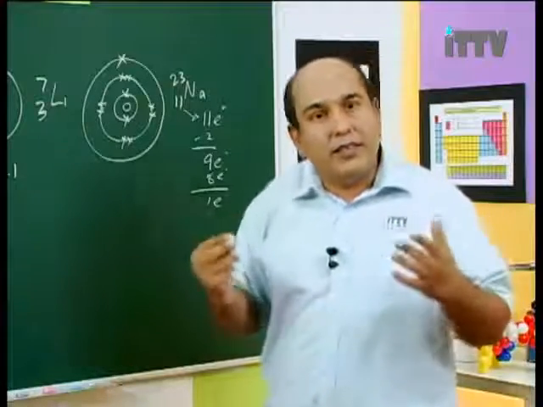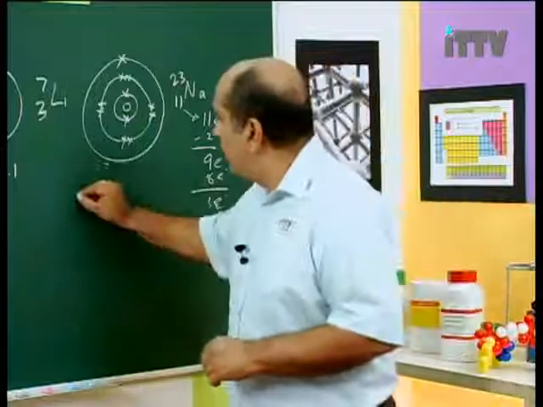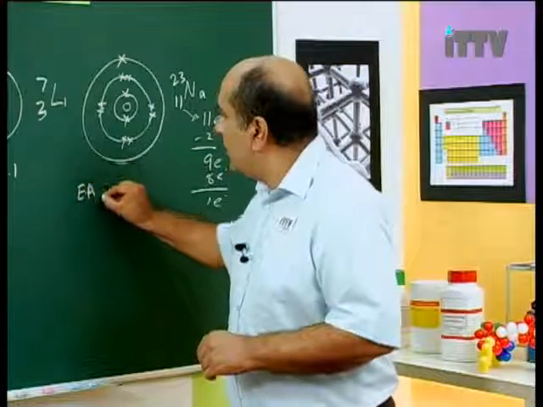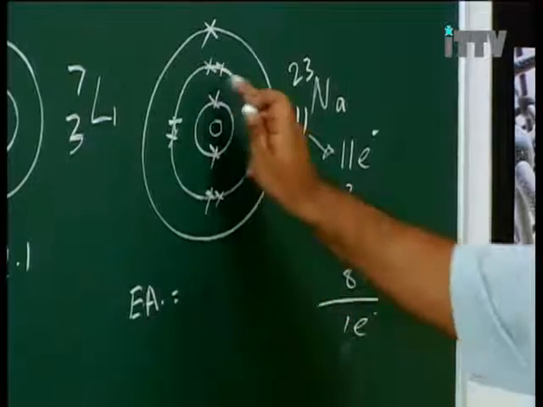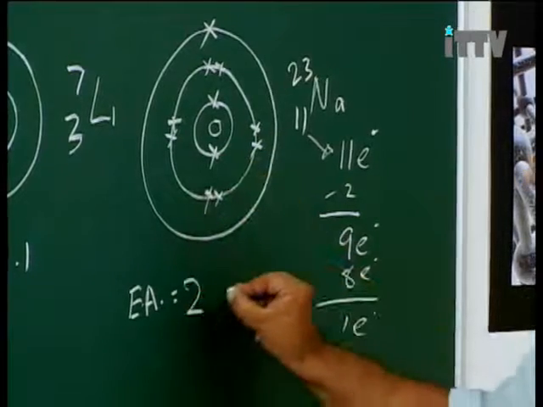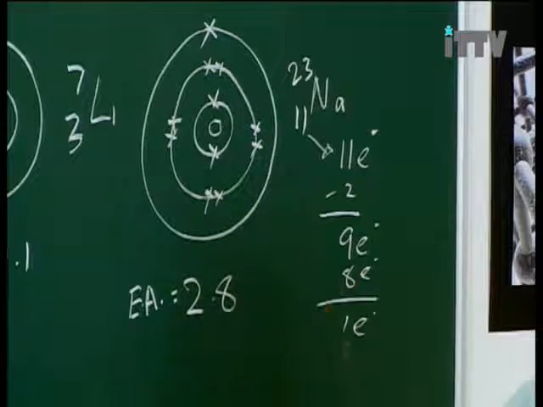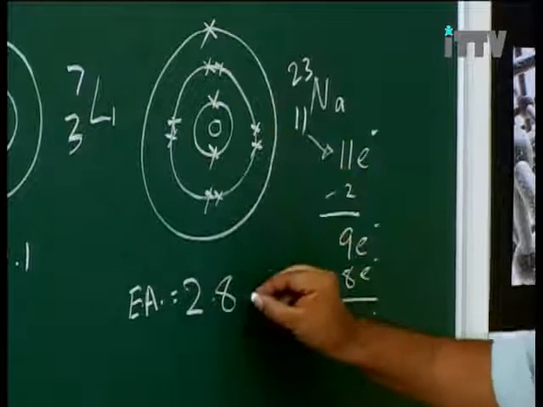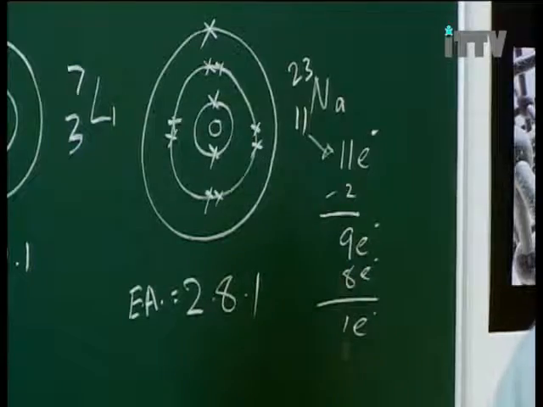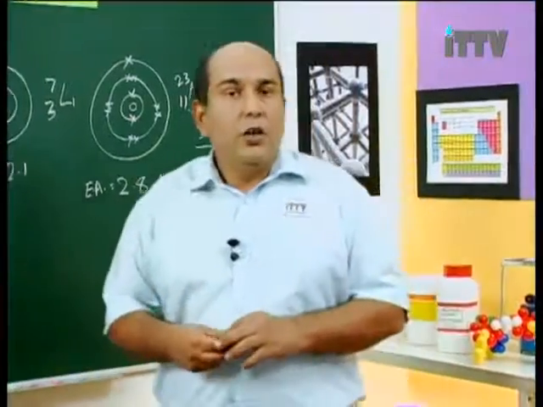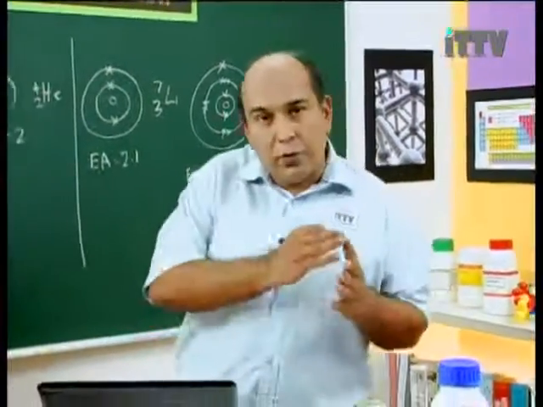How do I write this electron arrangement out? The electron arrangement will be written as the inner shell first, 2, then the next shell, 8, and finally the outer shell, 1. So remember, start from the inside and work your way out.